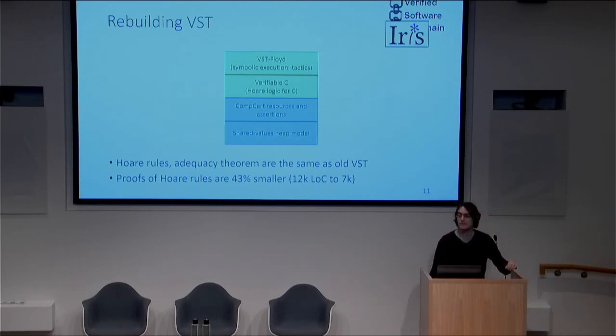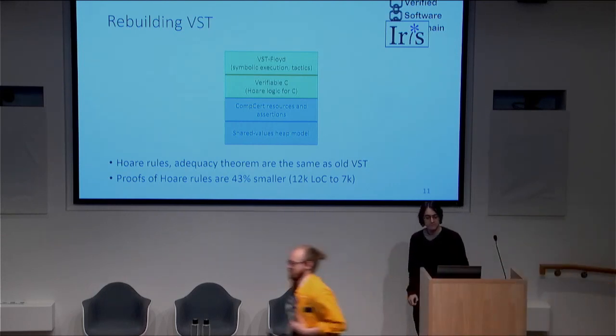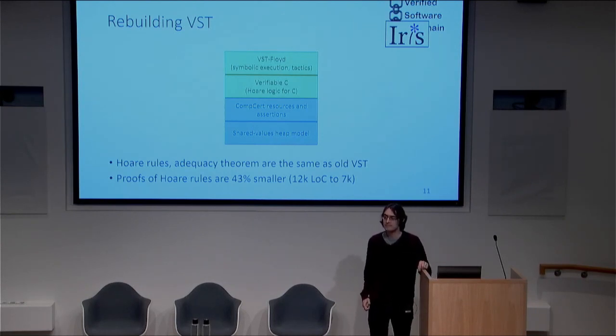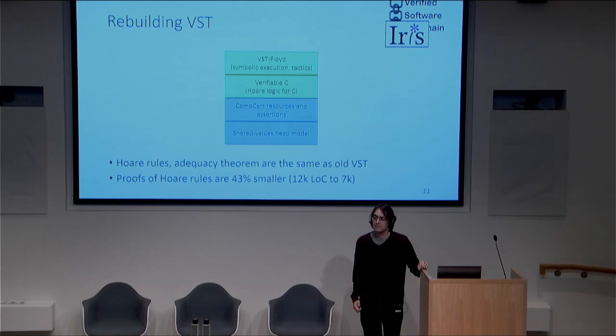One question over there. I'm wondering, if I understood correctly, in VST you had a model that was based on a lattice, without fractional permissions, and then in Iris you go into PCM with fractional permissions. So if I understand correctly, wasn't there a more direct mapping?